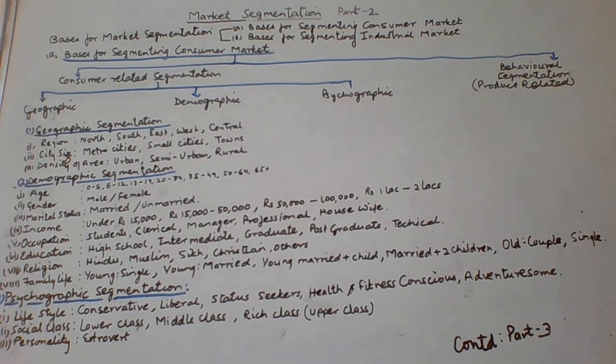There is no single way to segment a market. A marketer has to try different segmentation variables alone and in combination to find the best way to view market structure.